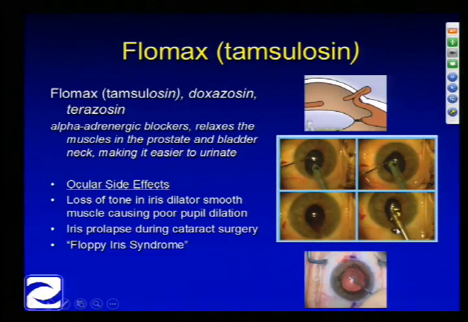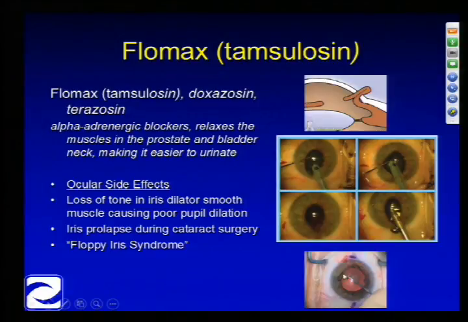So it really doesn't help to stop these medications in preparation for cataract surgery, because once they've been on them for several months, the changes are chronic. So we don't ask people to stop them. But we have to be prepared to deal with this by using mechanical devices such as rings or hooks to manually open the iris while we're doing cataract surgery and to keep it open.